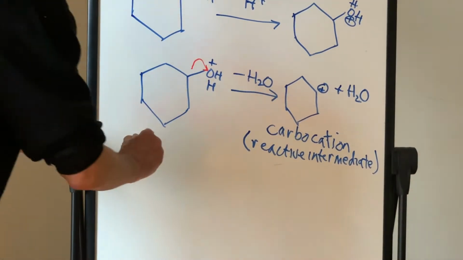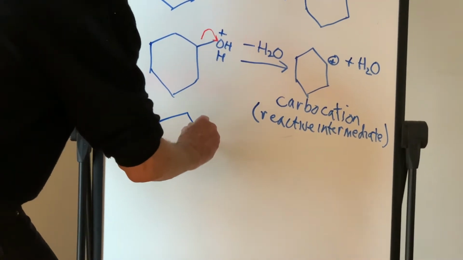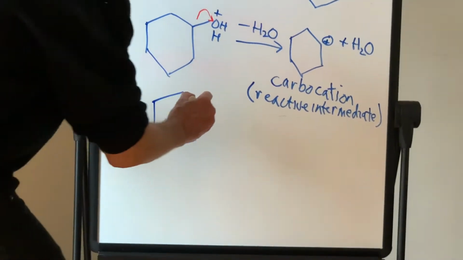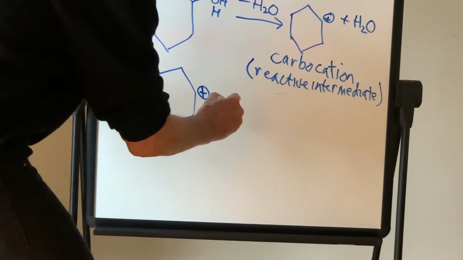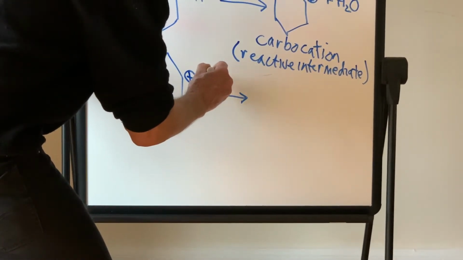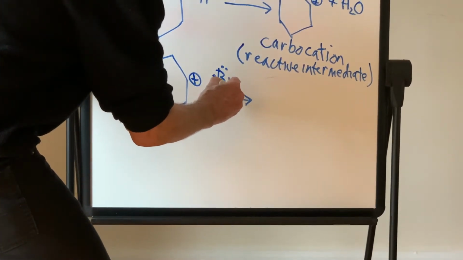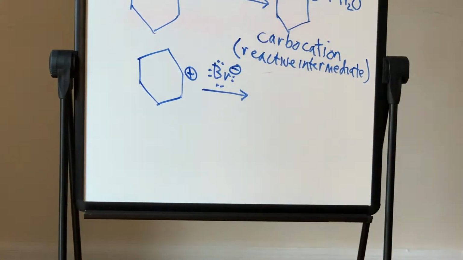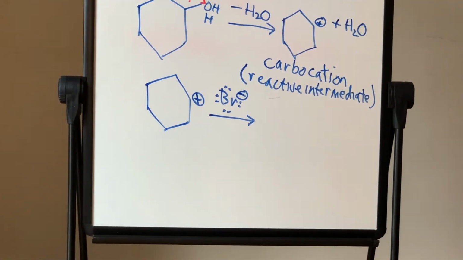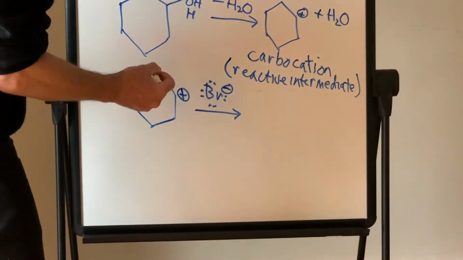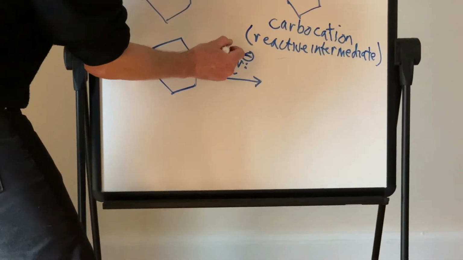Now, if, representing the carbocation, in the presence of any chemical species that has a pair of electrons available for forming a bond to a carbon, as for example, if I had a bromide anion, it would find that carbocation irresistible.